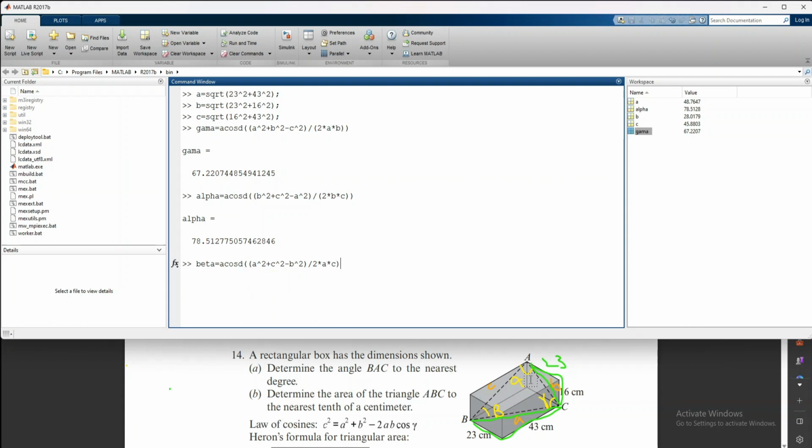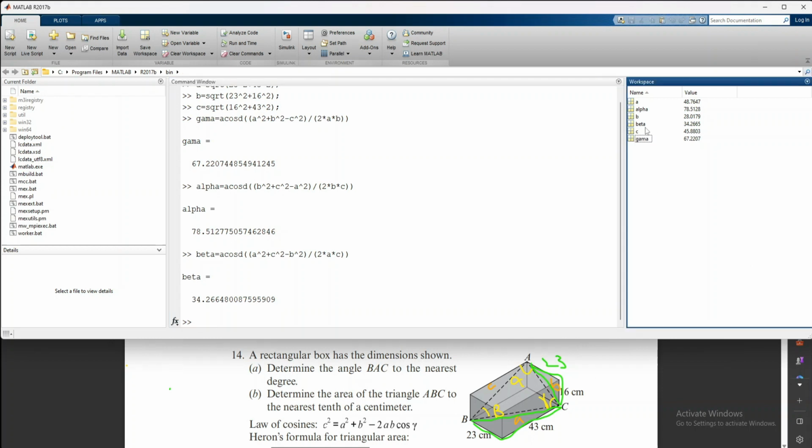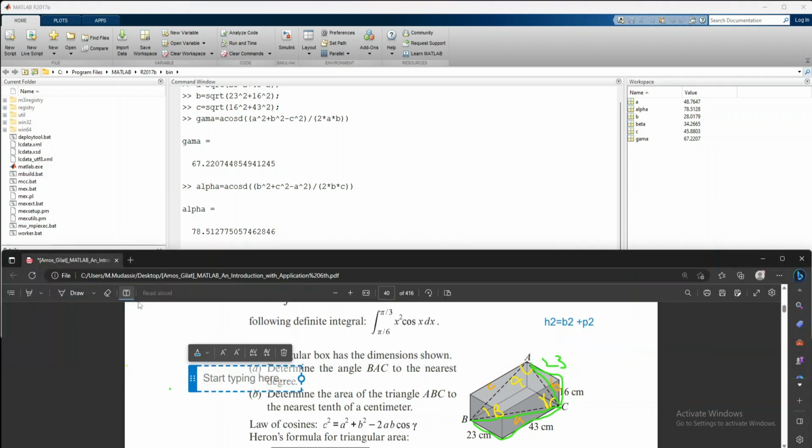The beta is 34, and you can find alpha, beta, and gamma here. All the answers are here. Now we determine the angle BAC. Part A has been solved.